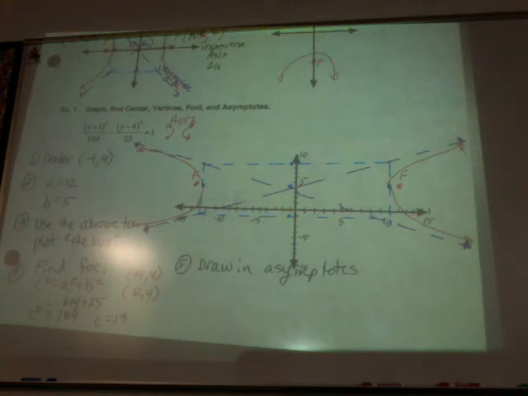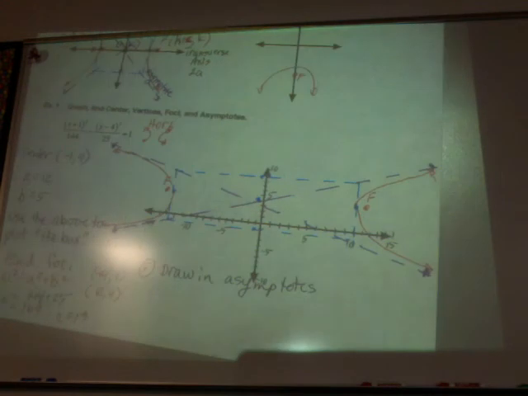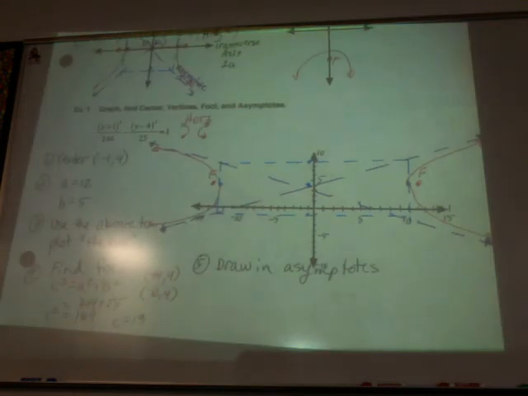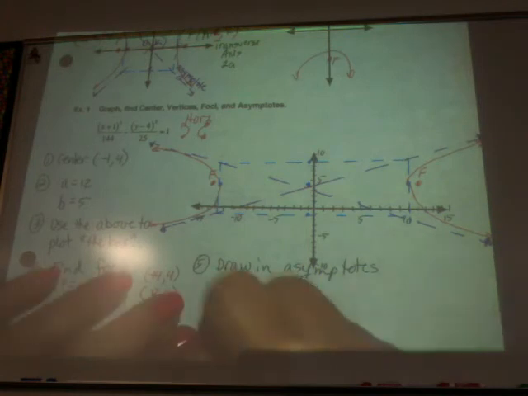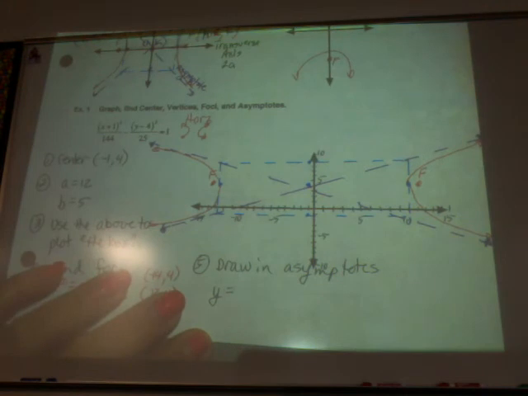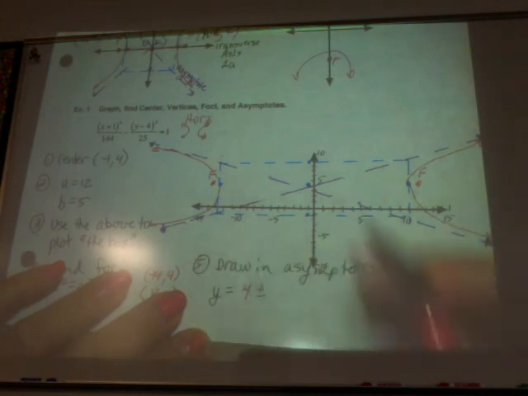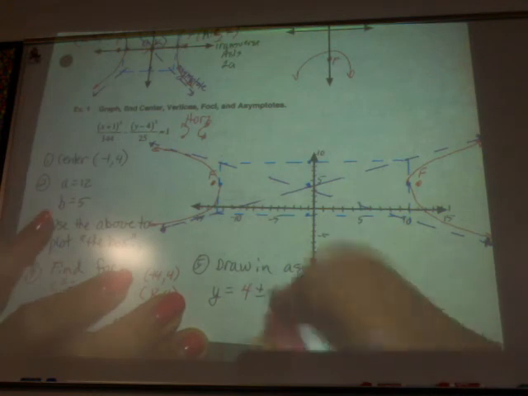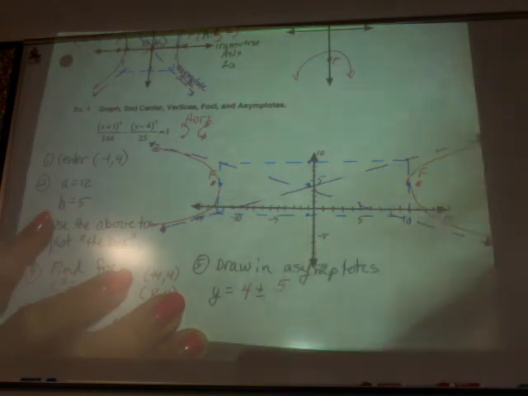All right, so because we're going along the x-axis, A is underneath our x this time because x is first, right? So our A is in the bottom of our fraction in our equation. So we've got y equals, what's k? 4. So 4 is something that we have to change every time, plus or minus. And then what's b? 5. And then what's a? 12.